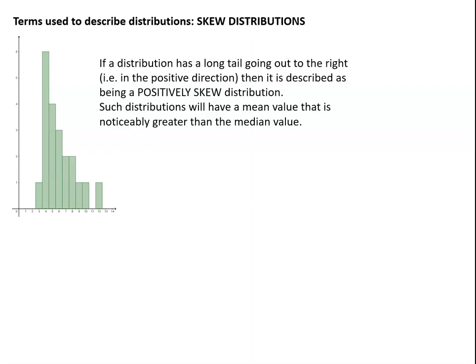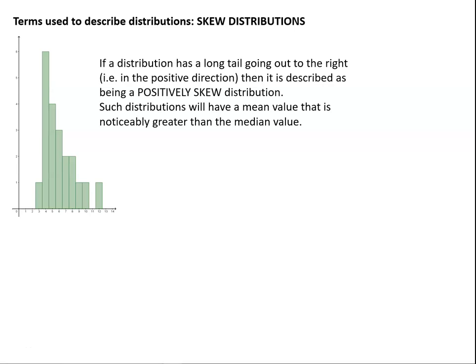When we have a distribution like this one here, where there is a distinct tail of values going out to the right, in other words in the positive direction of the data, then we say that the distribution is positively skew.